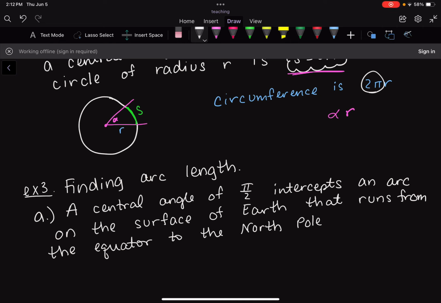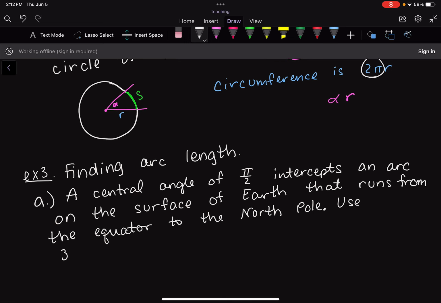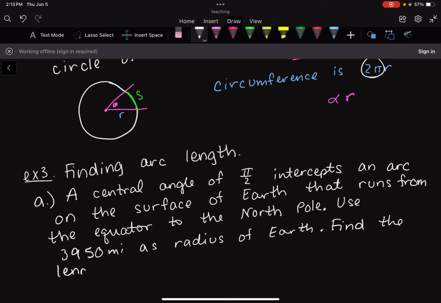It says use 3,950 miles as the radius of Earth. Find the length of the intercepted arc.